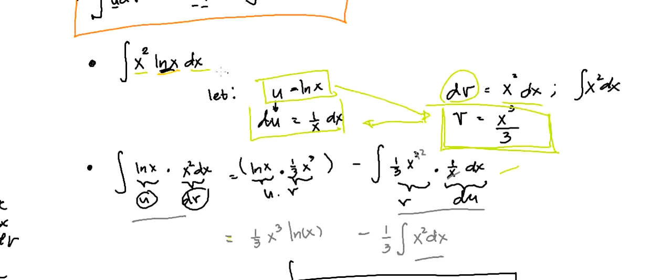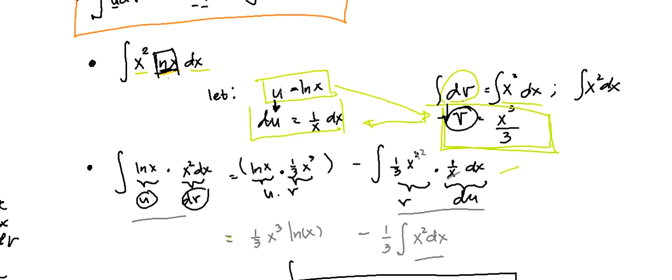We cannot integrate ln of x directly, so we choose x squared dx as our dv, so that if we integrate dv, we have v, which is x cubed over 3. Then since we chose x squared dx as our dv, what we have left here is ln of x, and we can use this as our u.